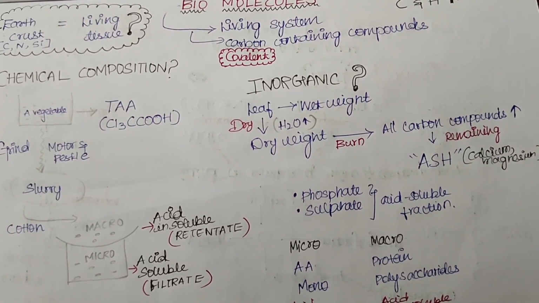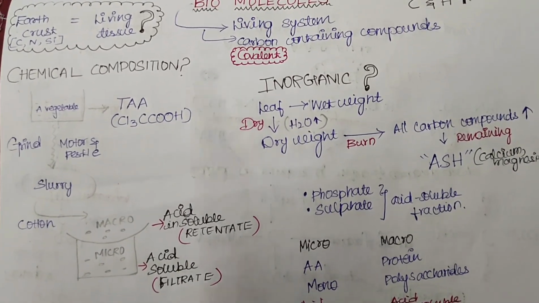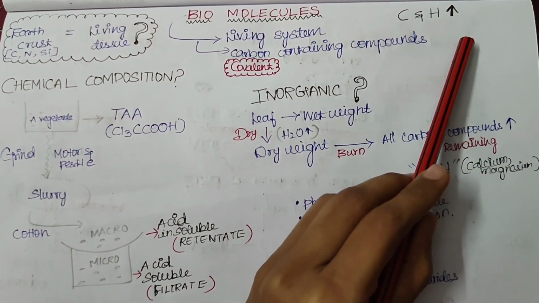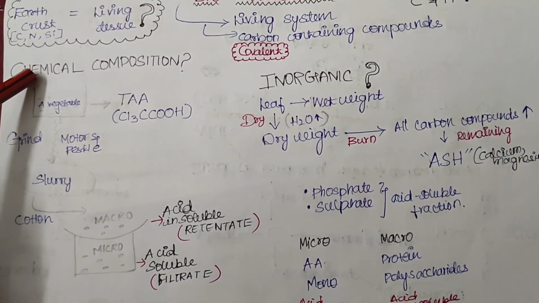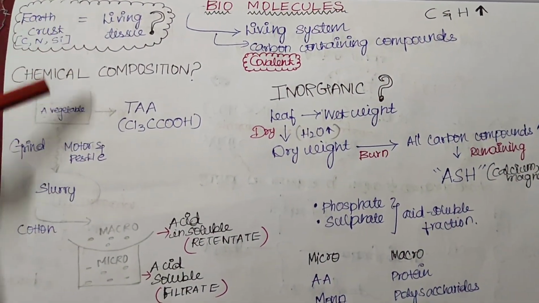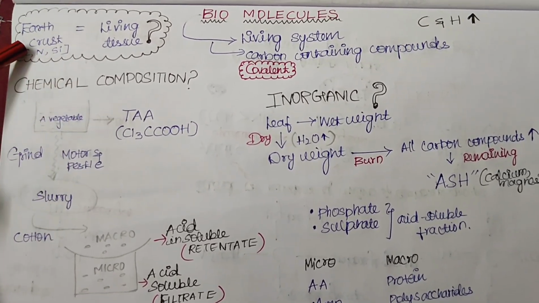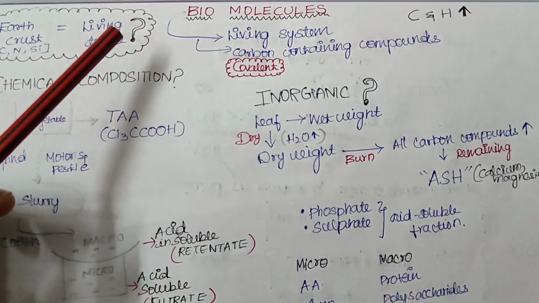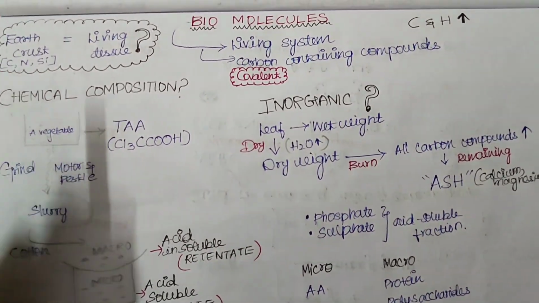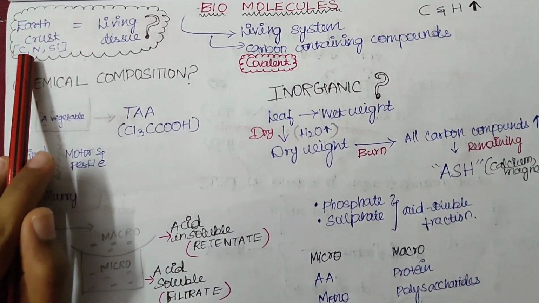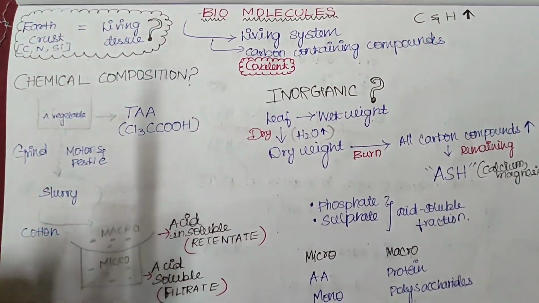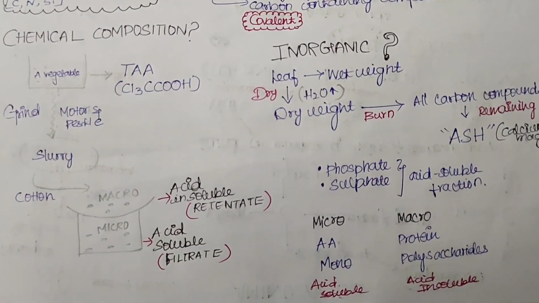If both contain the same elements, the difference is the quantity. In living tissue, carbon and hydrogen will be higher in quantity, but in the earth crust, carbon is of less quantity. In the earth crust, silicon is of high quantity, but in living tissue, silicon is negligible. So this is the difference. Even though the same organic substances are present, the quantity makes the difference between the living tissue and the non-living tissue.